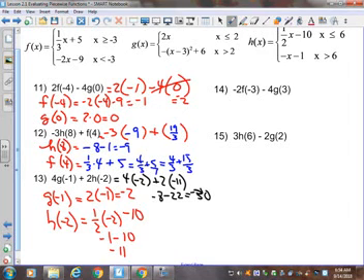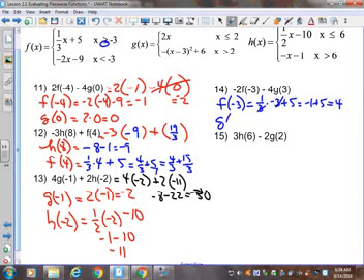So let's first start with negative 3 and f. Negative 3 and f has the equal to mark here, so that would mean that I'm going to be plugging it in the first equation. So 1/3 times negative 3 plus 5. That cancels out the 3's and makes negative 1 plus 5 is 4.